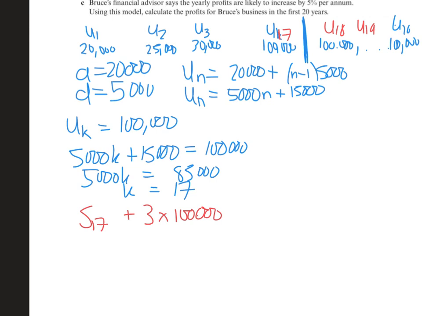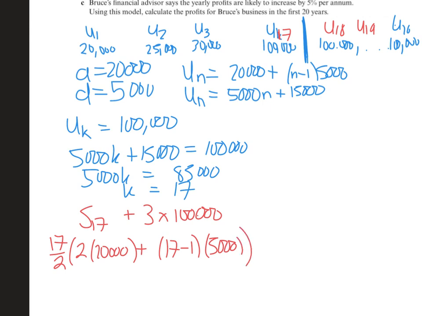Well, S17, so n will be 17, so it's 17 over 2 times 2 times a, so 2 times 20,000, plus n minus 1, so 17 minus 1, times d, which is 5,000.